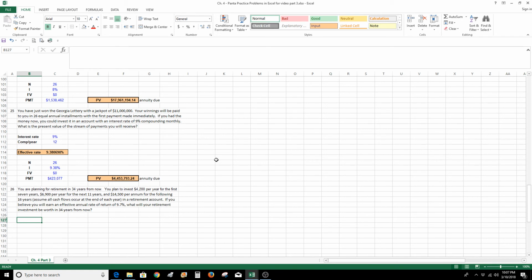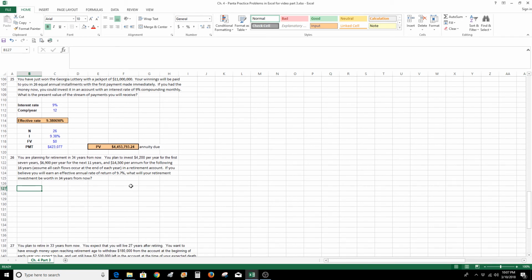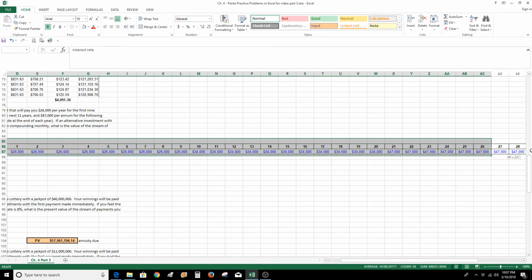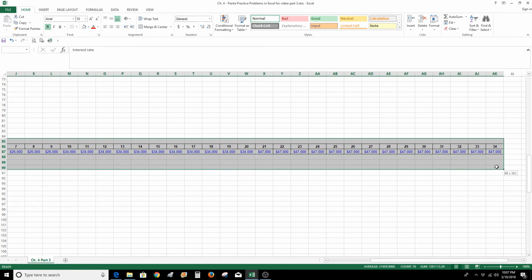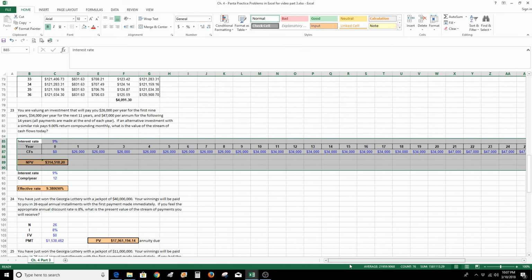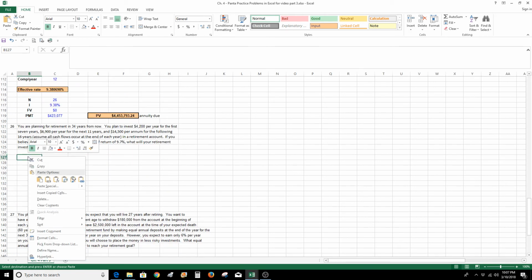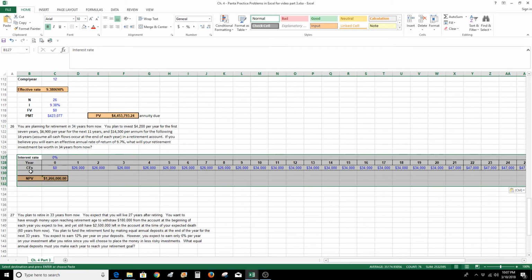Okay, so we first need to understand what our present value is before we can figure out our future value. So we're going to copy this template again down here, because we have uneven cash flows. We have to do it this way.